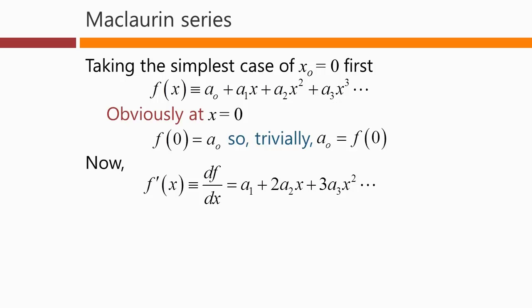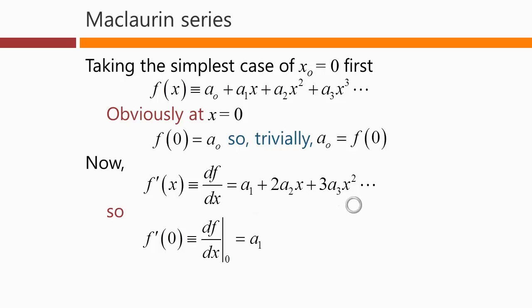The derivative of this term here is 3a3 times x squared, and so on. So, at the point x equals 0, these terms all disappear, and we're left just with this term. And so we've now found a way of figuring out what this coefficient is. So a1 is the derivative of f at the point 0.